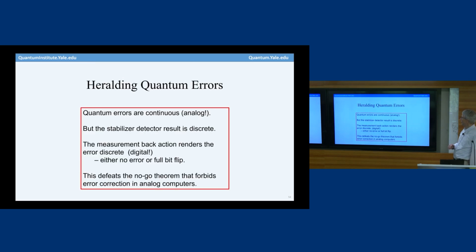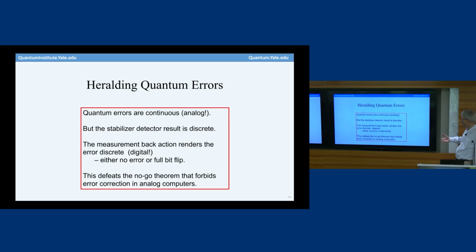Okay? So quantum errors are continuous. The noise demon can continuously rotate me on the Bloch sphere. But this detector, this so-called stabilizer measurement of the joint parity, when I measure it, I get a discrete result. Either there was no error or there's a full error. The measurement back action makes the error state discrete.